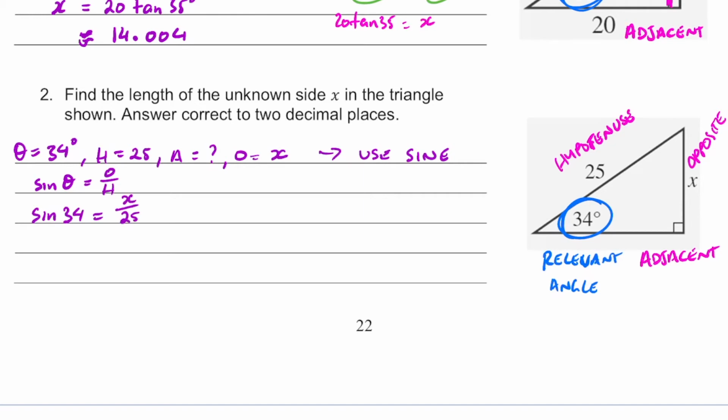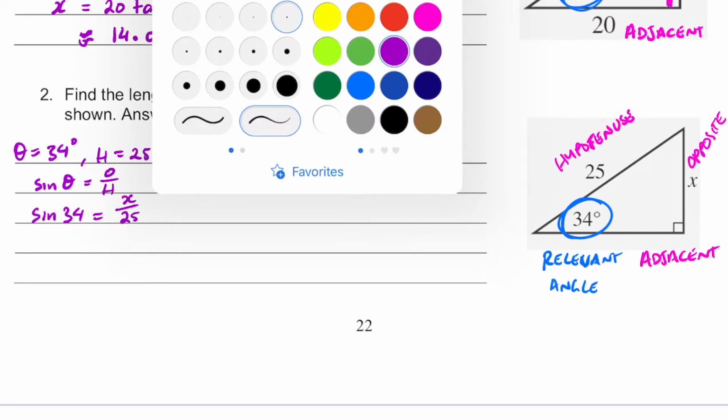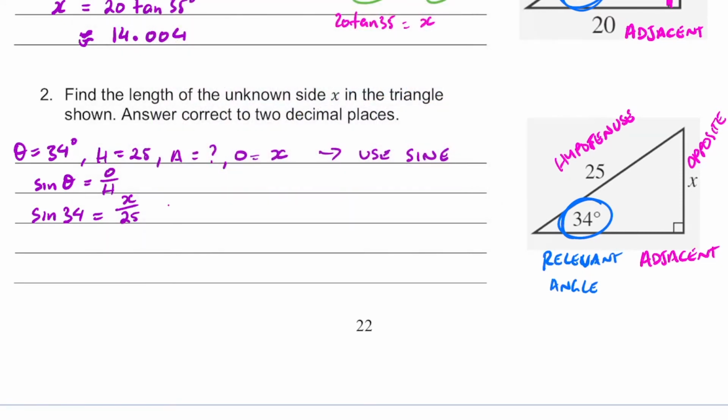and then we follow the exact same process that we did in the previous example. Okay, so we multiply both sides by 25. Alright, so we multiply both sides by 25 and we get x equals 25 sine 34.